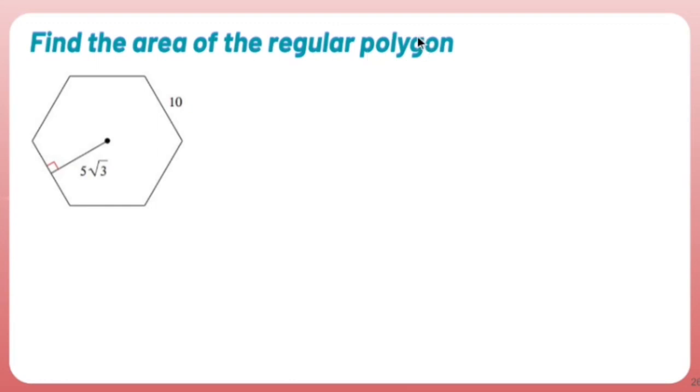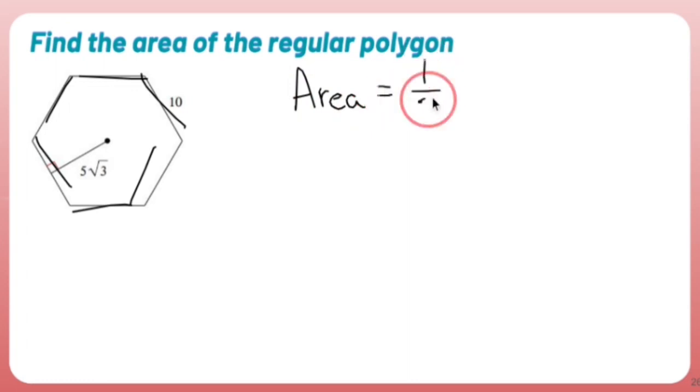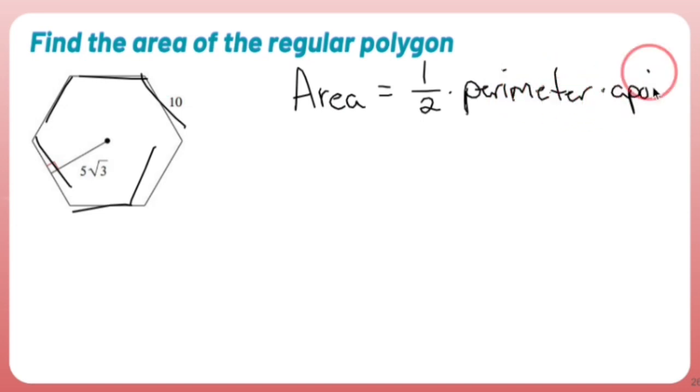Find the area of the regular polygon. Well, what do I have? I have a 1, 2, 3, 4, 5, 6-sided shape. Okay. I know that the area of a regular polygon is 1/2 times the perimeter times the apothem.